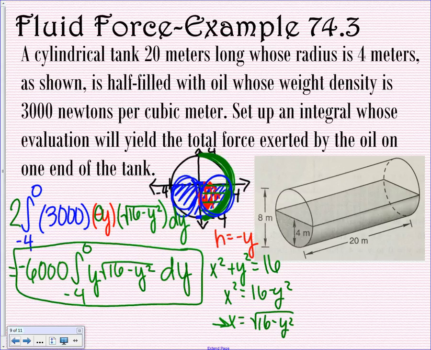Now, if you want to be stubborn and you don't want to put the center of your circle at the origin, which I have had students who do not want to do it that way, if you look on page 384, the book does show you how to set it up so that the circle is above the x-axis, so that the bottom of the circle is set at the origin.